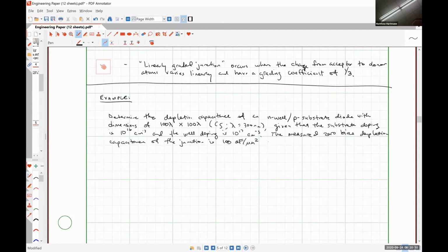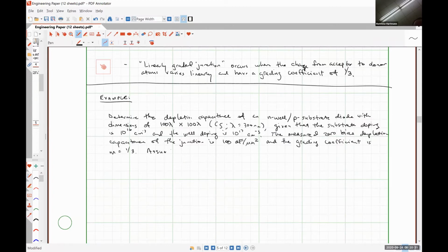And the grading coefficient M is equal to 1/3.